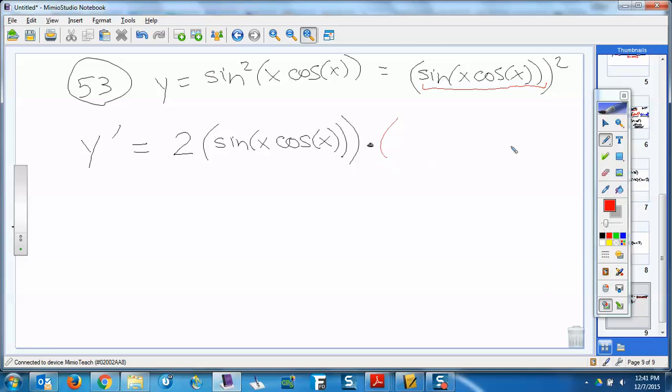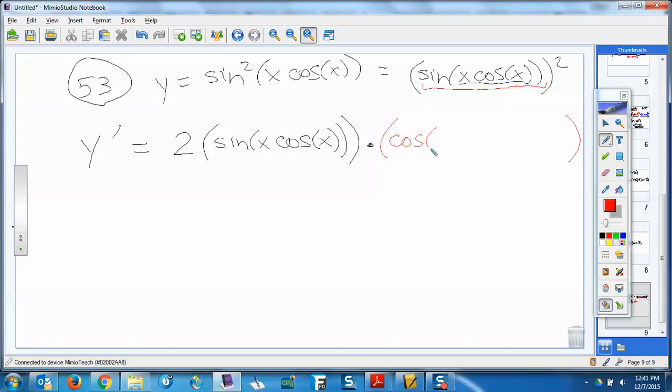So I have to do the derivative of all of that. Here's where planning ahead with the parentheses is important, because I can also tell I'm going to have another inside here in a minute, and that's going to be a product rule, but I'm not ready for that yet. I'm just doing the red part. So I need a big set of parentheses. All the rest of it has to be inside those red parentheses. Okay, so now I'm ready to do the red. What's the derivative of the red?